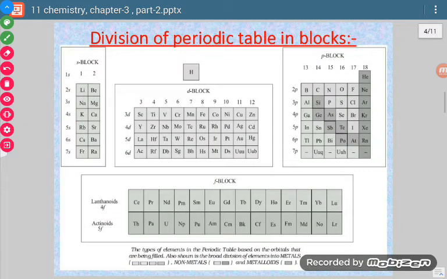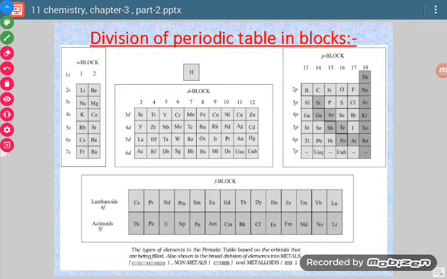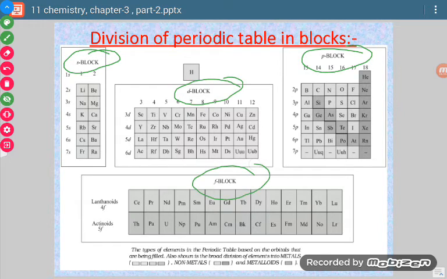Okay, now the modern periodic table we just did, which we follow nowadays. So how can it be divided into 4 blocks? The periodic table can be divided into 4 blocks. Those 4 blocks are S block, P block, D block and F block.